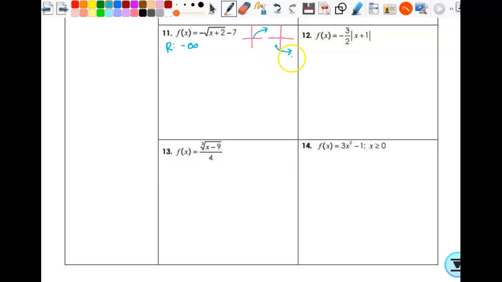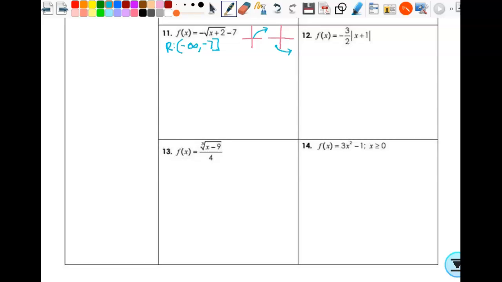My range is the y, negative infinity to negative 7. Bottom to top, least to greatest. That's your range of f. It does not go from negative 7 to negative infinity. That does not make any sense. Okay, everybody okay with that range there? Yes? Okay, so now we're just going to hang on to that. We're going to do the inverse, and then we're going to come back and look at how all that works.